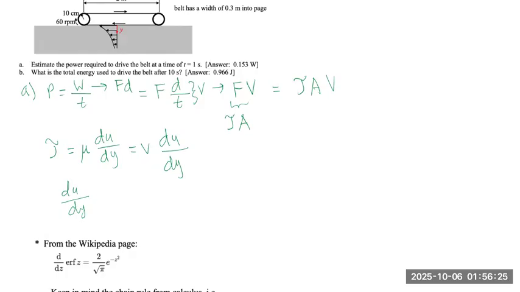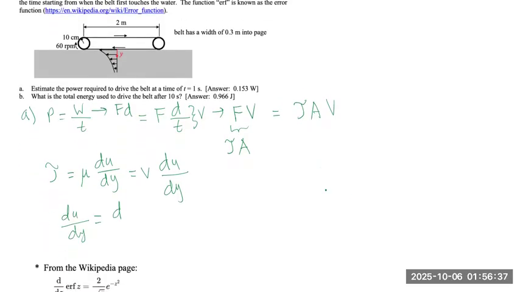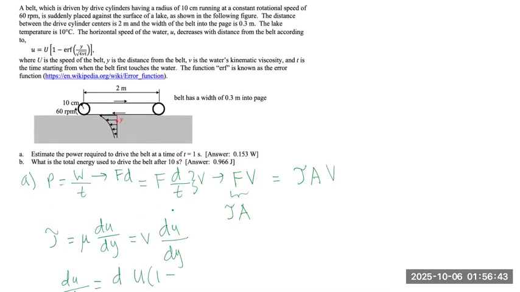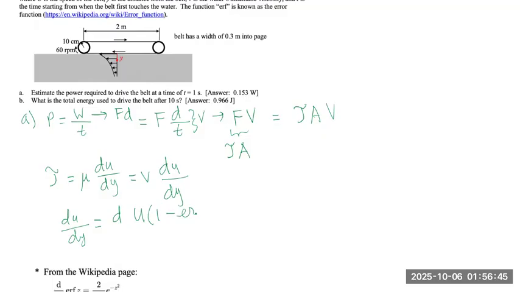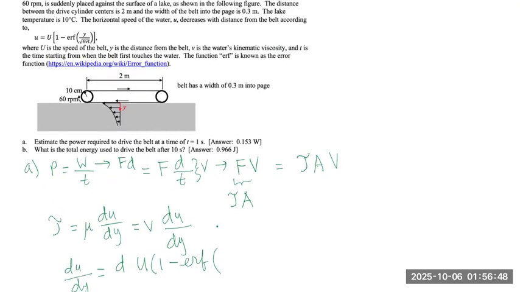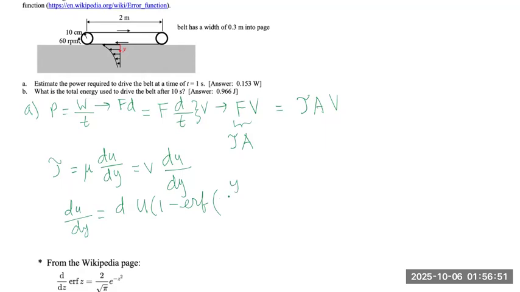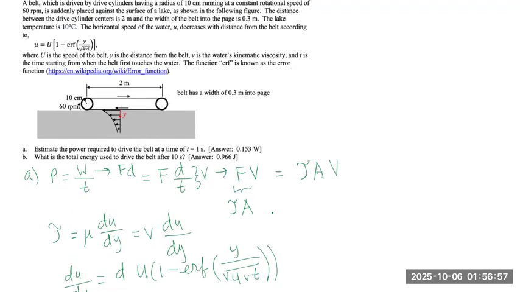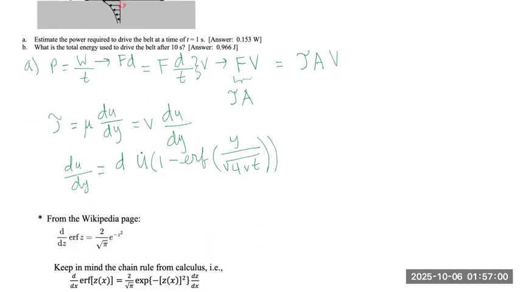Okay, let me write this again. We need the derivative of u times 1 minus ERF of y over square root of 4vt, with respect to y.